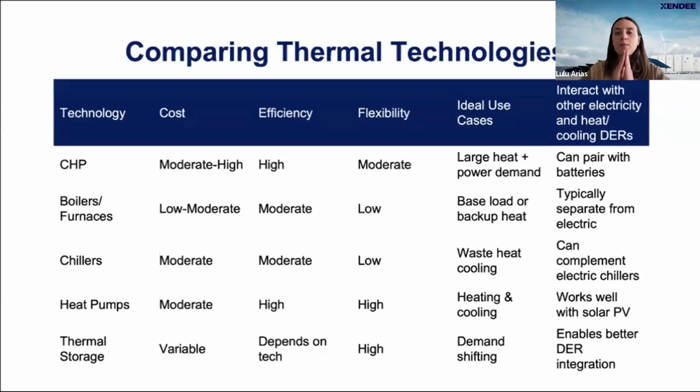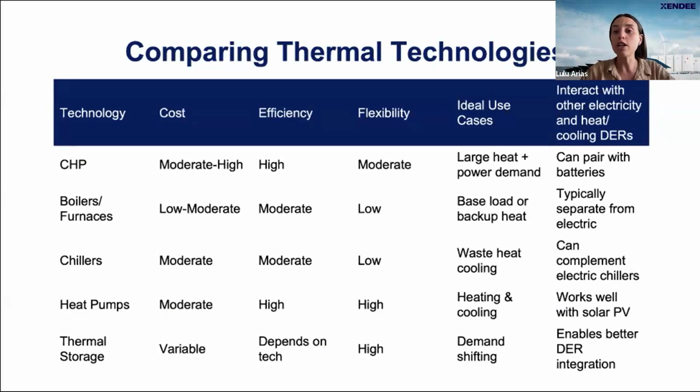Finally, this comparison table provides a high-level view of how each technology fits into a microgrid strategy. CHP has high efficiency, 60 to 80%, and is the clear choice for sites with large simultaneous heat and power needs. Boilers offer low to moderate cost and reliable backup heat.